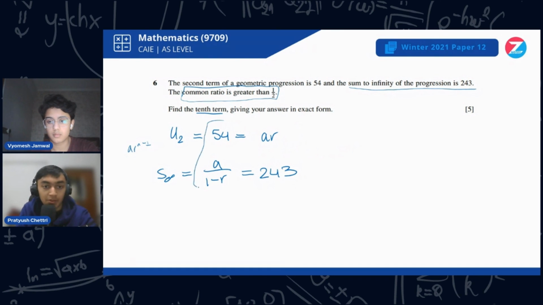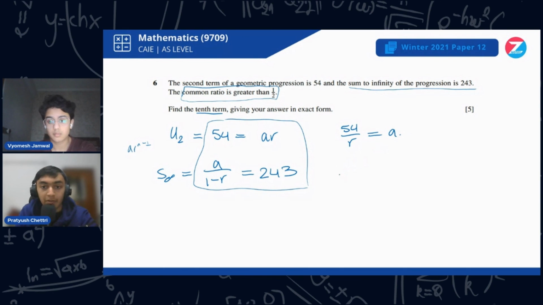We have these two equations. What I would do is get A by itself. So 54 divided by R is equal to A. That's my one equation.